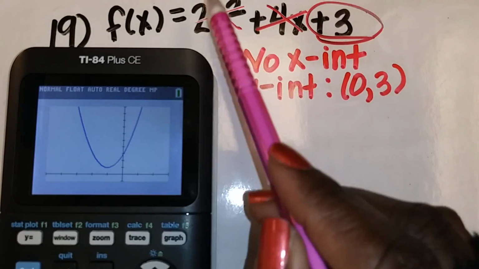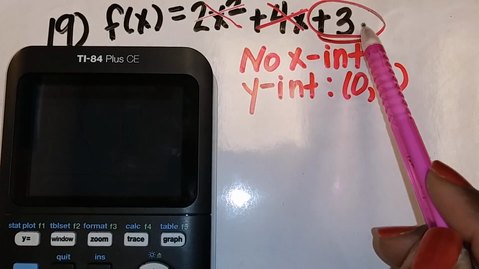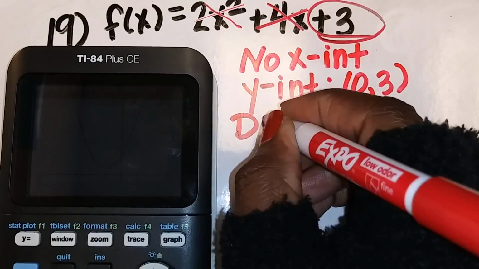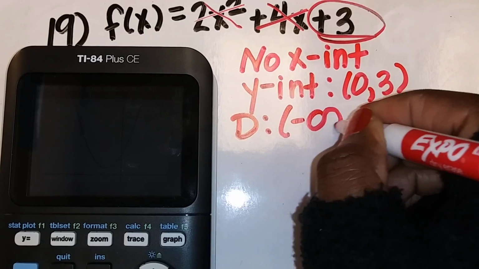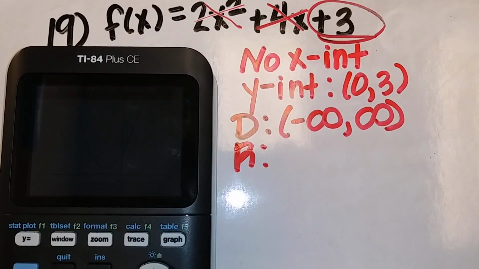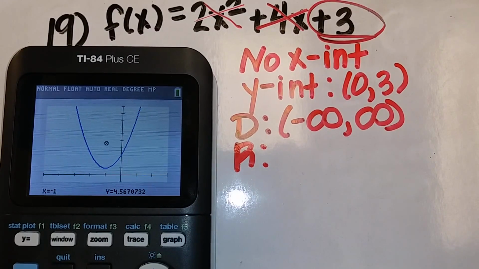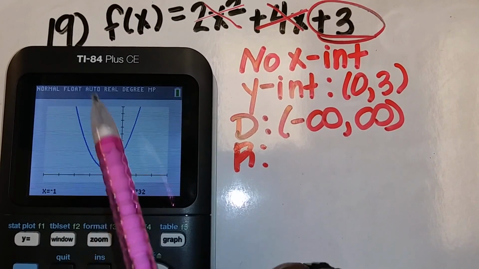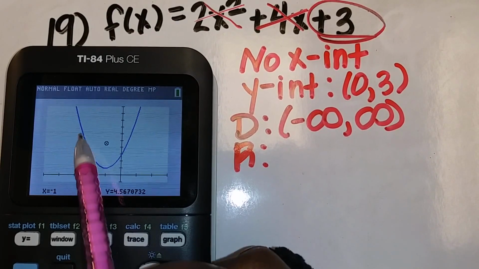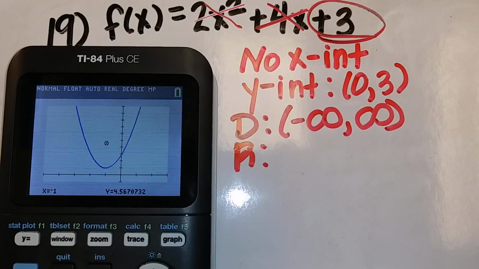If I look at my function, I see no denominator. I see no square roots. So my domain is from -infinity to +infinity. My range, I want to do my lowest valley, which is at +1, up to my high mountain, which is going up to infinity.